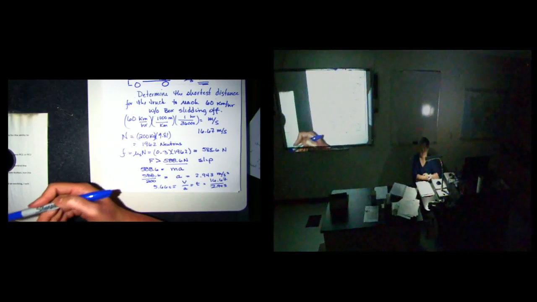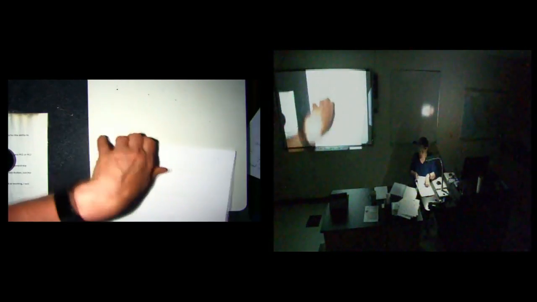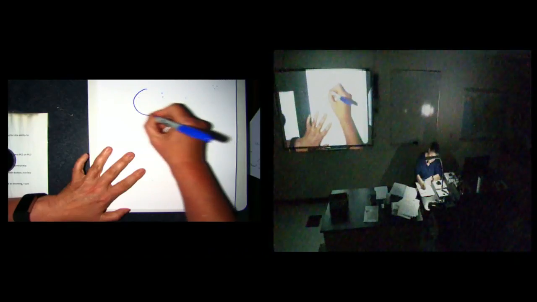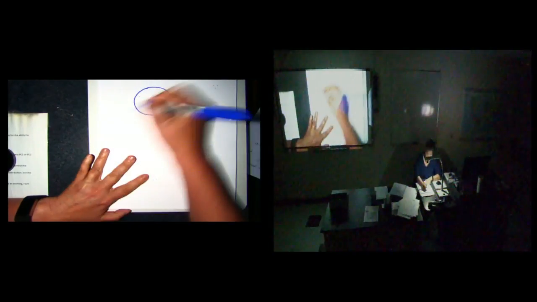If I look at my normal force and my force due to friction, 25 times 9.81, now I've got 73.5 is equal to my mass, which is 25, times v squared over 1.5.